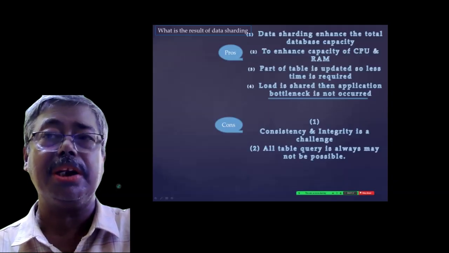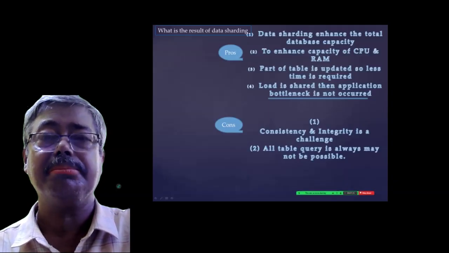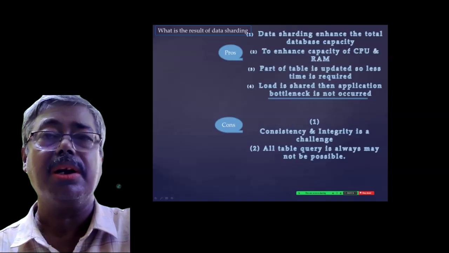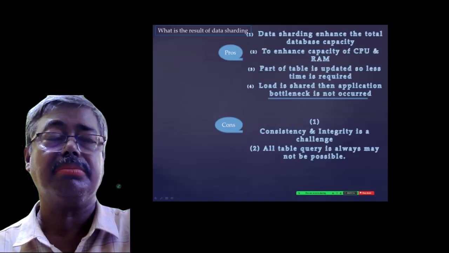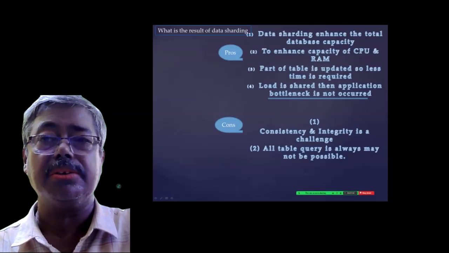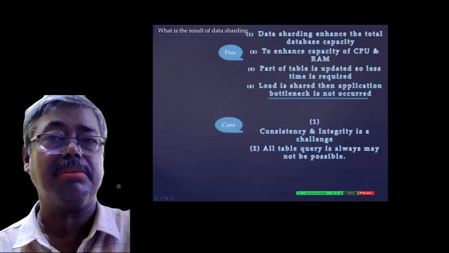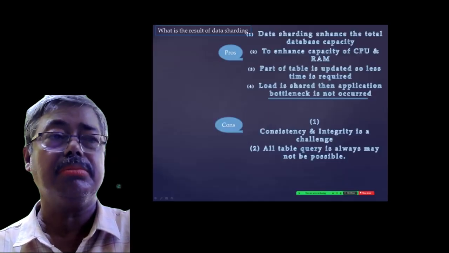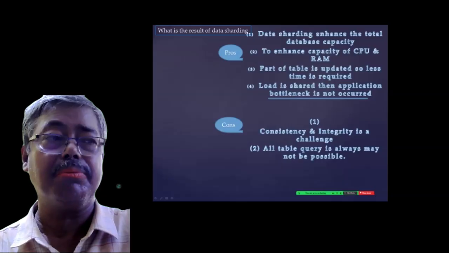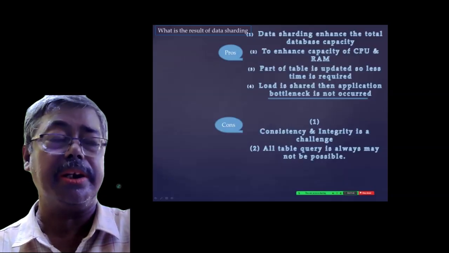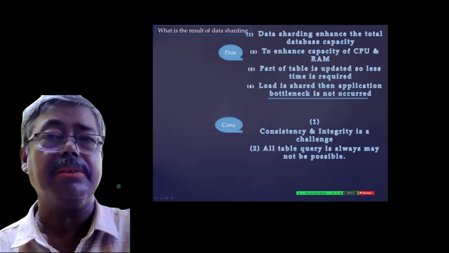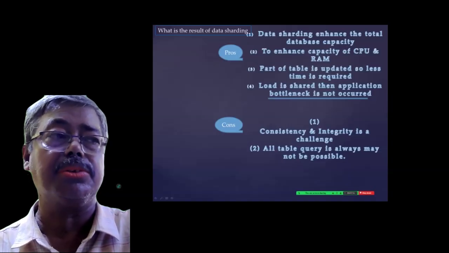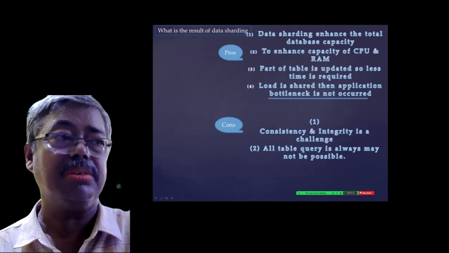To enhance the capacity of the CPU and RAM, part of the table is updated, so less time is required. Load is shared, so application bottleneck does not occur. If location A is taking location A data while location B is down, the location A shard can also take the data of B.